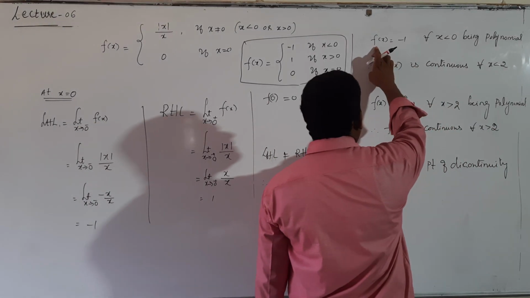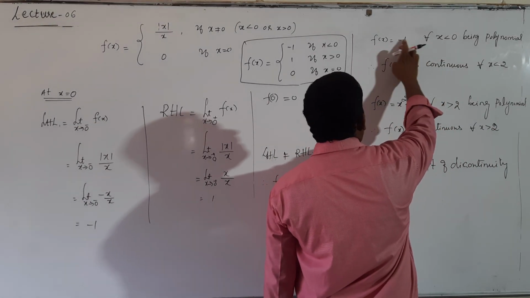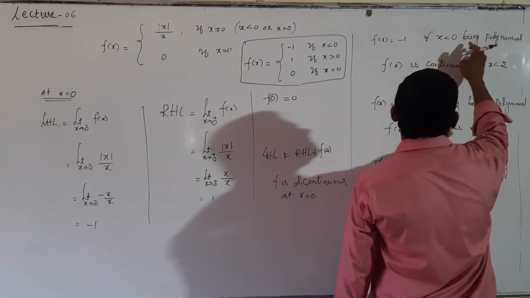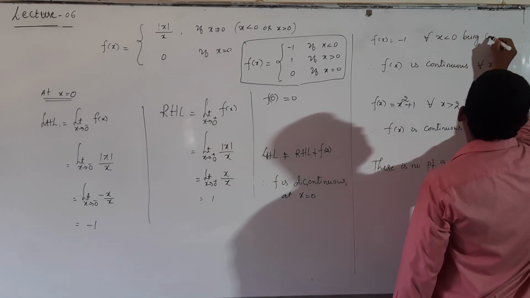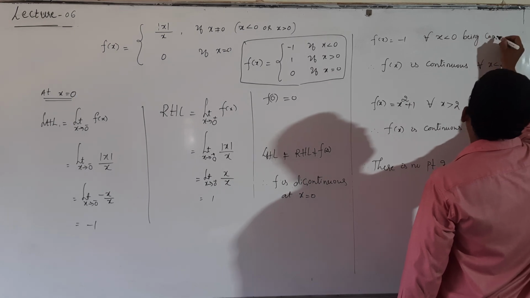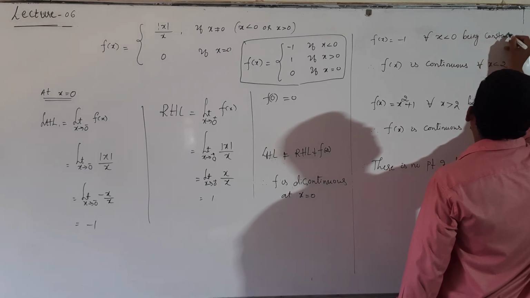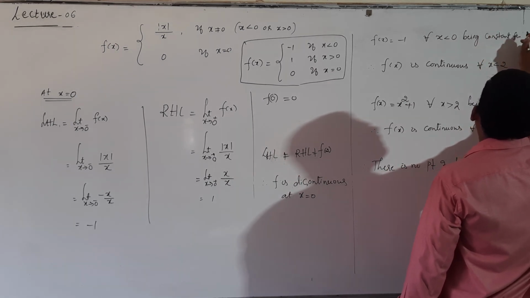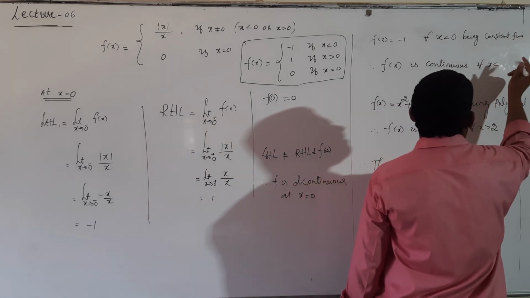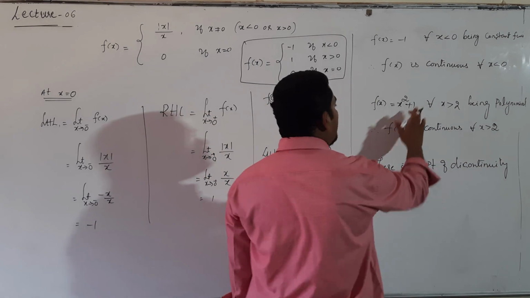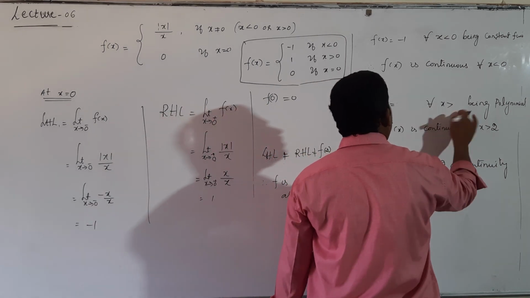Simply write the sentence instead of polynomial: f of x equal to minus 1 for all x less than 0, being a constant function. Being a constant function, therefore f of x is continuous for all x less than 0. Then what about x value more than 0?